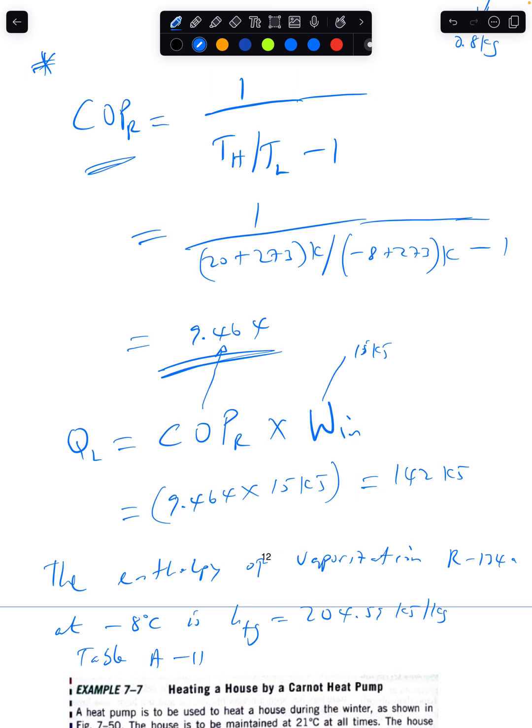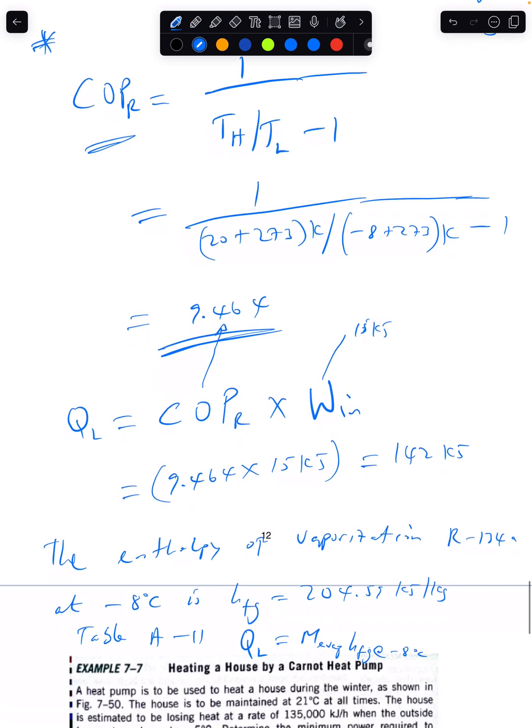We use that property to determine the heat for the low temperature line for a given mass of vapor, with the given enthalpy at minus 8 degrees Celsius.